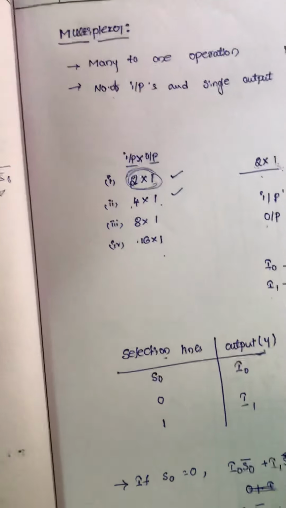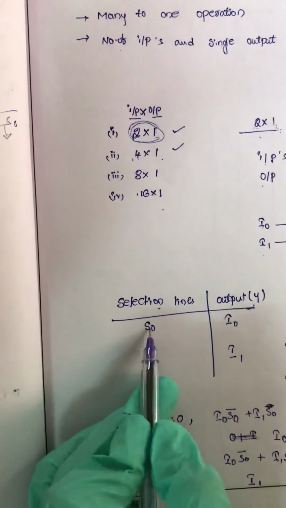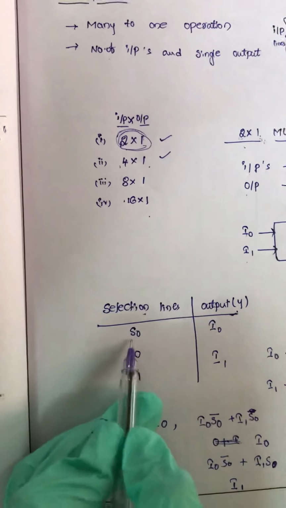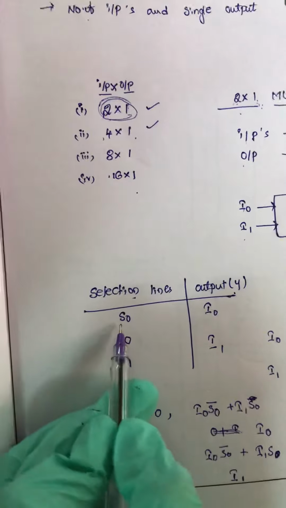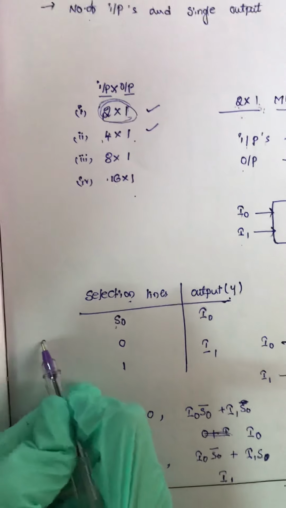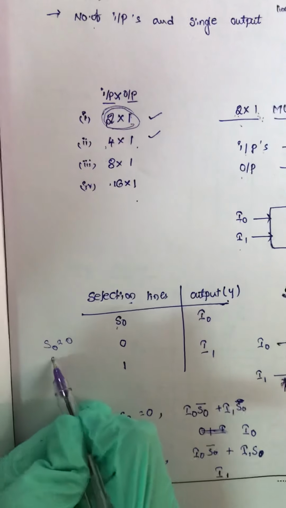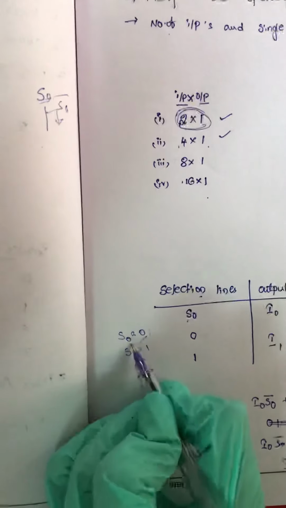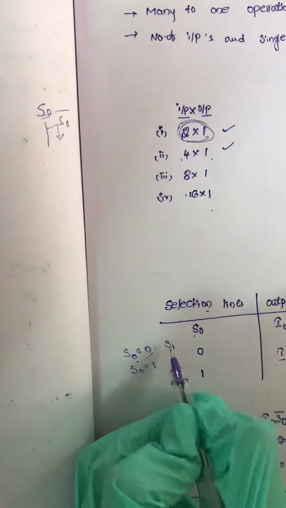In the 2 to 1 multiplexer we are using a single selection line, that is S0 and S0 bar. S0 is represented by the S0 equals 0 condition and the S0 equals 1 condition. The S0 equals 0 condition can also be written as S0 bar.